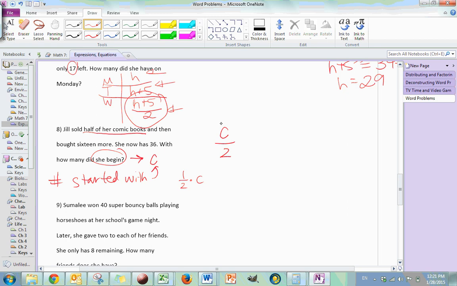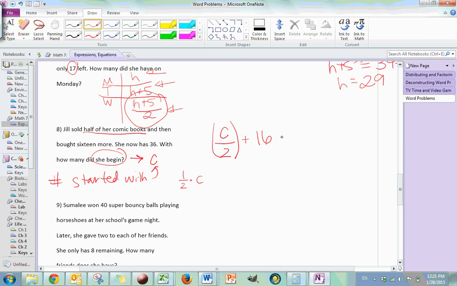Okay, so once she got rid of half, she went and bought 16 more, so that's plus 16. And the plus 16 does not go on top of the fraction. She took the amount once she sold half, then she added 16. So the order that the actions are performed in the problem can help you figure out how to set up the problem and perform the order of operations.